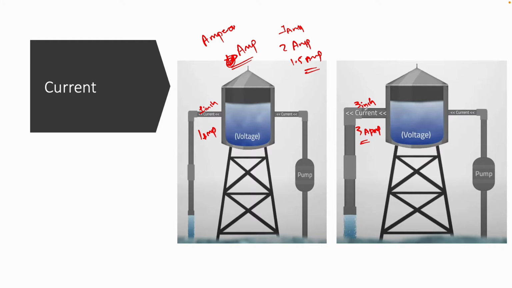Now relate these pipes to wires or tracks in the circuit boards. The amount of current that flows through certain tracks and wires can be very much related to the quantity of water that flows through. Let's see what the impacts are if the quantity of water flow, that is very similar to the quantity of current, increases.